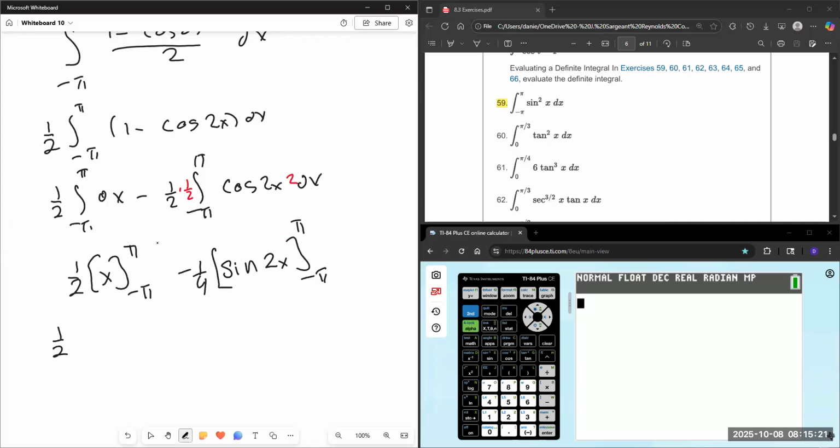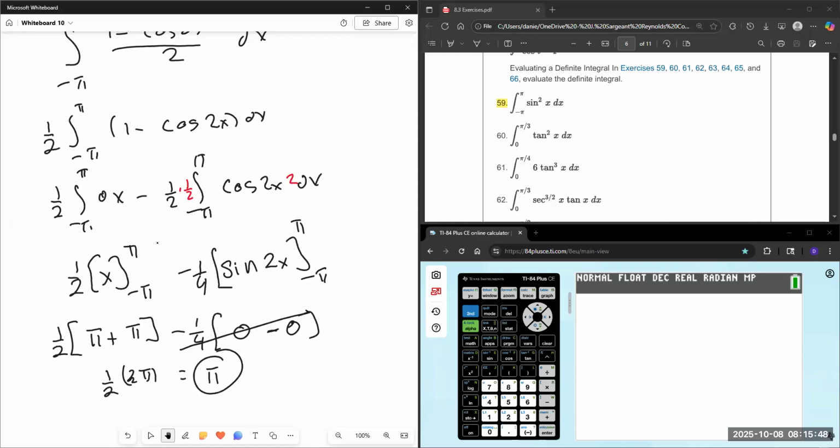So this is 1/2 of pi plus pi, because minus a negative pi is plus pi, minus 1/4 of sine of 2 pi is 0, minus sine of negative 2 pi is also 0. So this is 0. This is 1/2 of 2 pi, which is pi. Let's look at number 65.